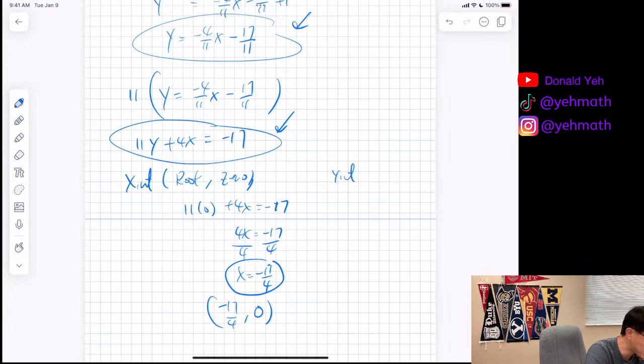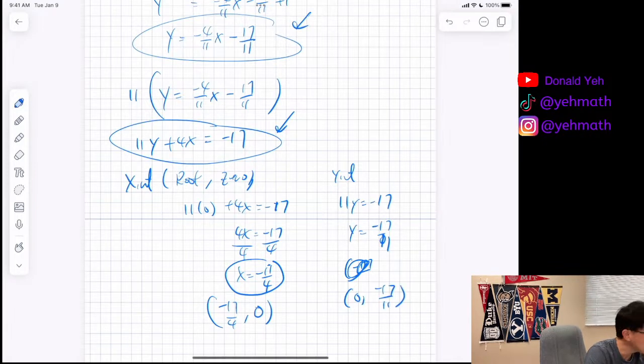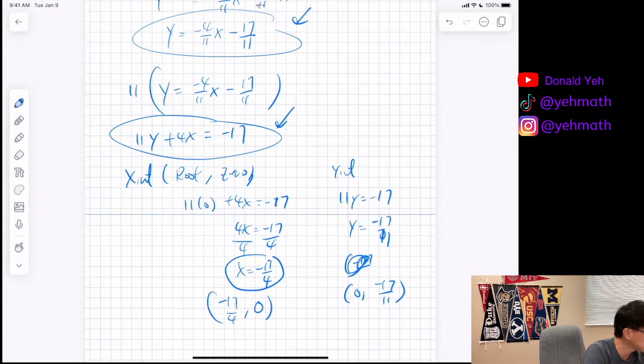And y-intercept should be a coordinate. For y-intercept, x equal to 0, so 11y equal to negative 17, y equal to negative 17 over 11. So it's 0, negative 17 over 11. And that's what we did last Friday. If you guys were not here, this was Friday. This is easy stuff. You did it in Algebra 1.